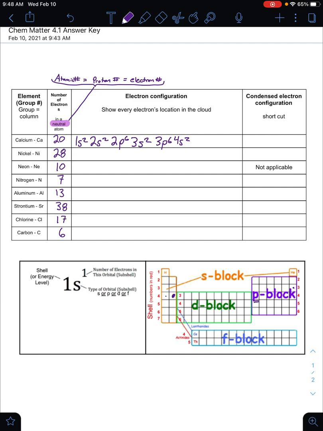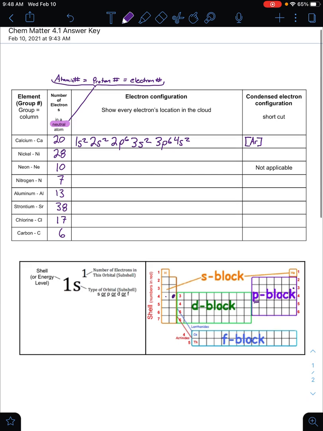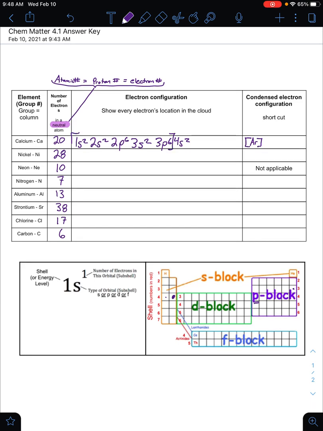So what we can do is we can say argon, and that accounts for all of those electrons. Then we just put in the additional ones after that, which is 4s, 1, 2. Argon 4s2.